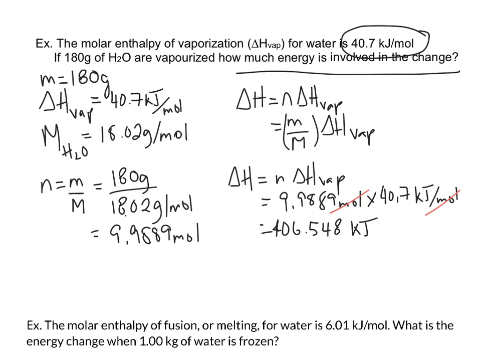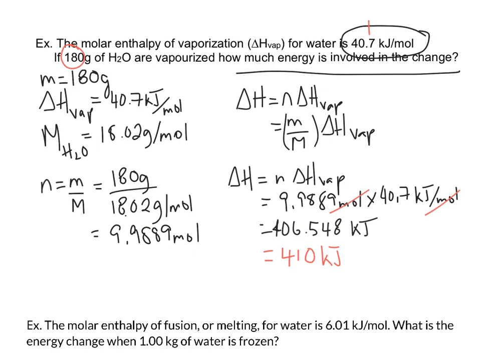So we have 3 significant digits here, we have 2 significant digits here, so our final answer should be rounded to 2 significant digits, so 410 kilojoules of energy are absorbed.